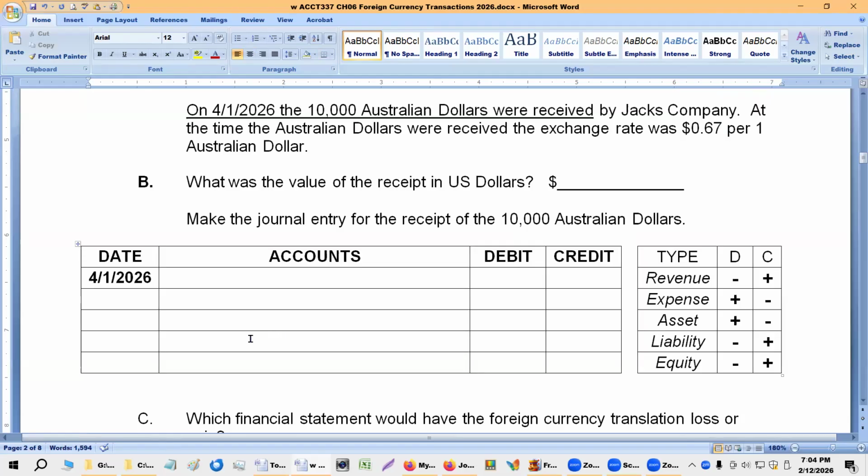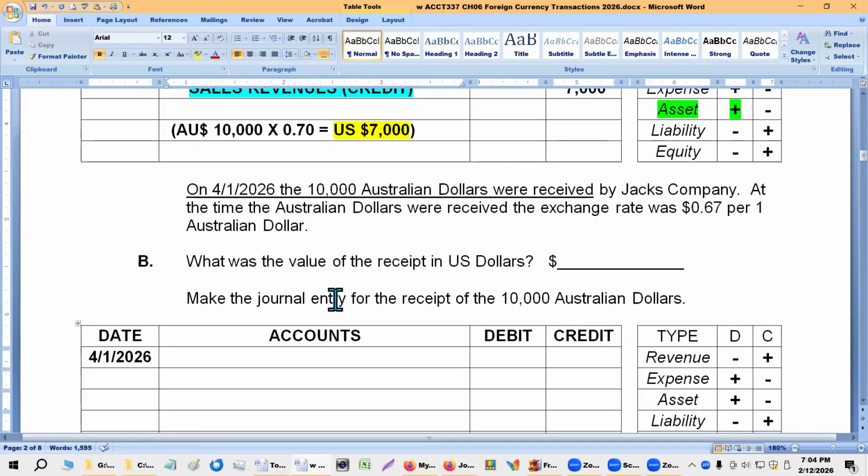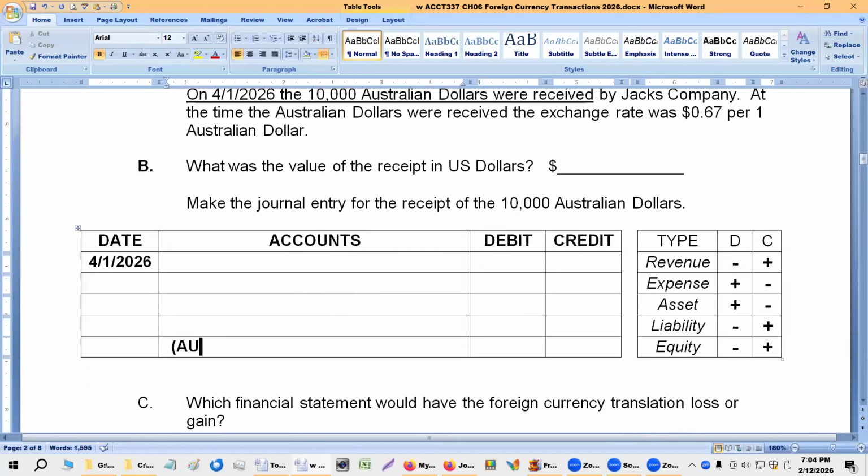I'm going to move it down one more. What is that worth? They just gave the 10,000 Australian dollars and the exchange rate is 67 cents. So what is that? They gave us the 10,000 Australian dollars, just like the contract called for.